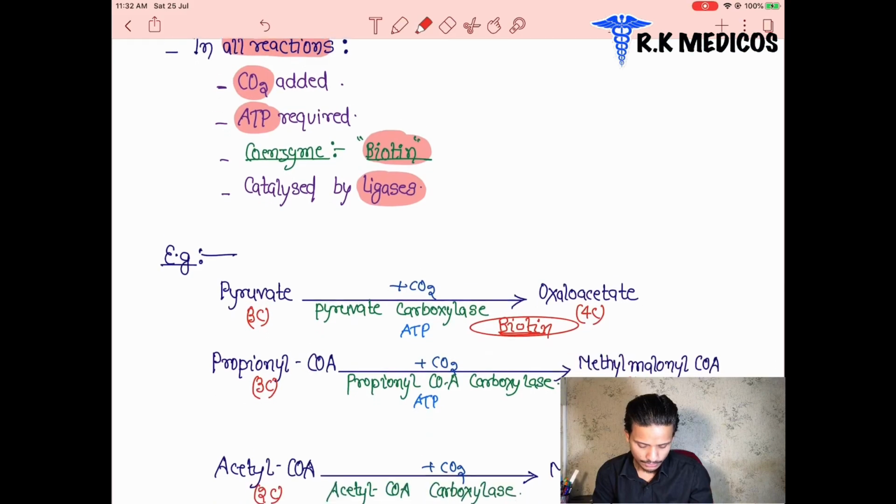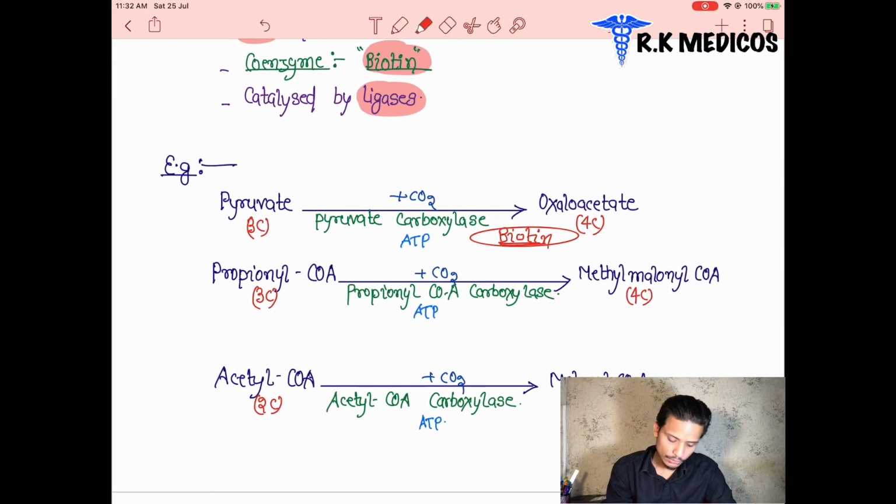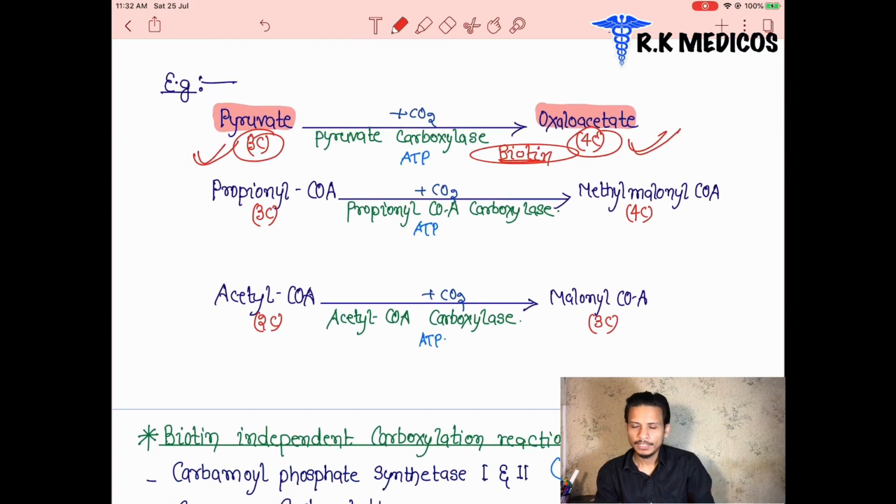In the first few examples, we can see these are all important. Basically, pyruvate is converted into oxaloacetate. Pyruvate is a 3-carbon compound, but it is converted into a 4-carbon compound. What does it mean? There is an addition of 1 carbon, that's why it converts into a 4-carbon compound. Here CO2 is added, meaning 1 carbon is added.